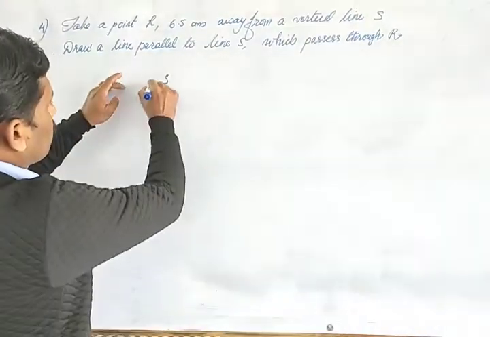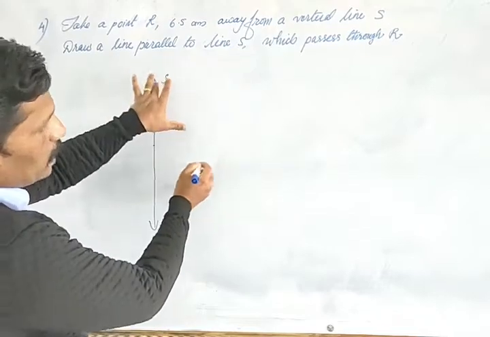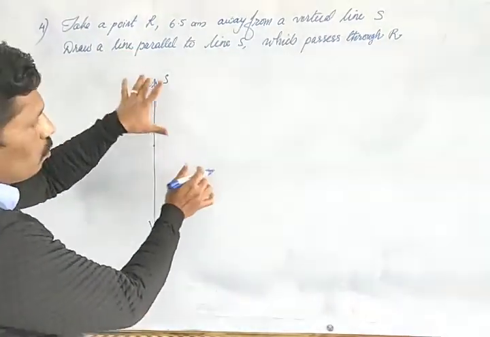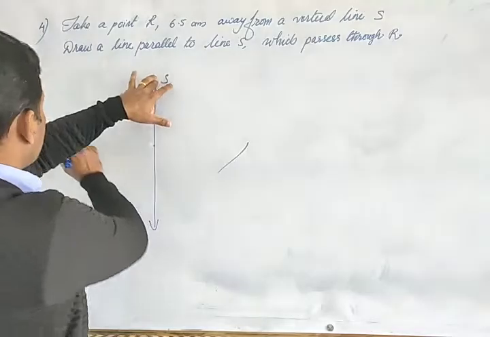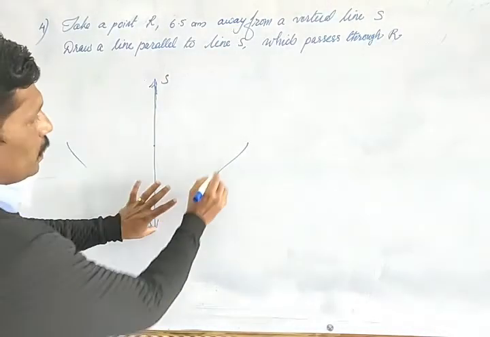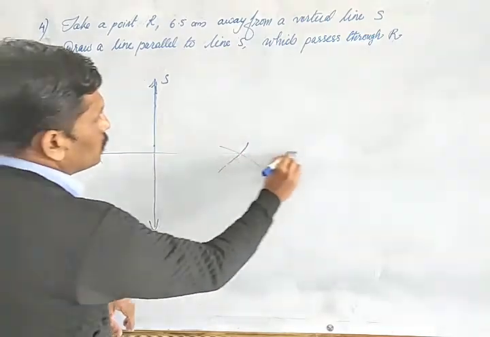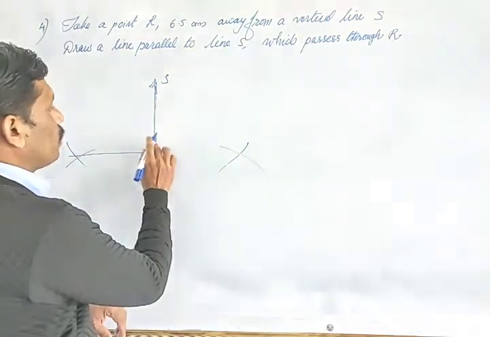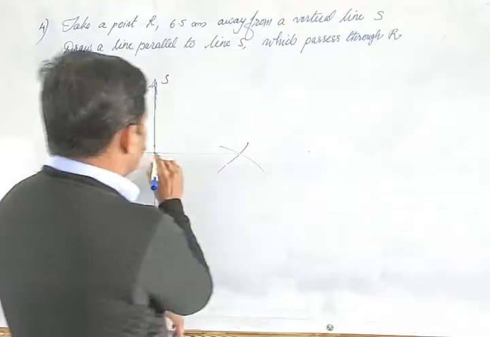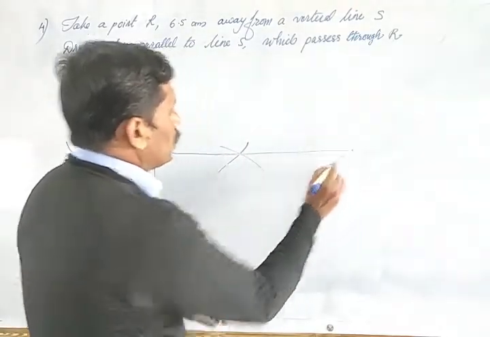That means from here we take more than half, extend the compass and keep it here, and here you make an arc, and from here also make an arc, and then we join this. This is a perpendicular line. We get a perpendicular line, and we will make this line long.